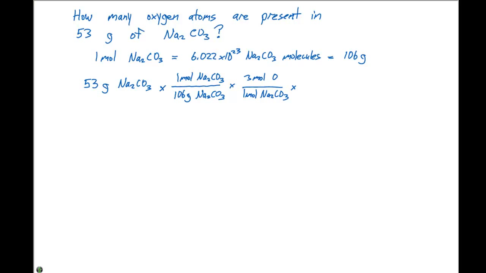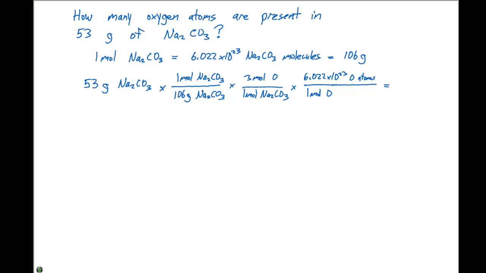For every 1 mole of oxygen, there are 6.022 times 10 to the 23rd oxygen atoms. So if we're trying to determine the number of oxygen atoms, we first need to go from grams of sodium carbonate to moles of sodium carbonate, then moles of sodium carbonate to moles of oxygen, and moles of oxygen to atoms of oxygen.